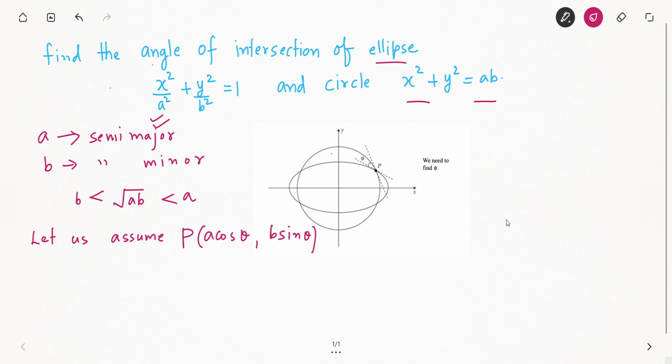Now P also lies on the circle. That means the coordinates of P will satisfy both the equation of the ellipse as well as the equation of the circle. So we can write A square cos square theta plus B square sin square theta is equal to AB, by putting this into the equation of the circle.